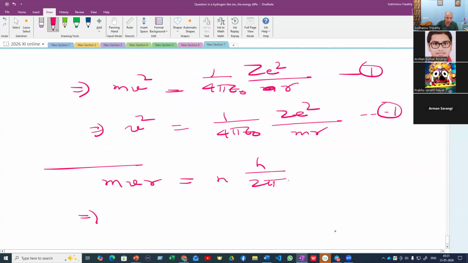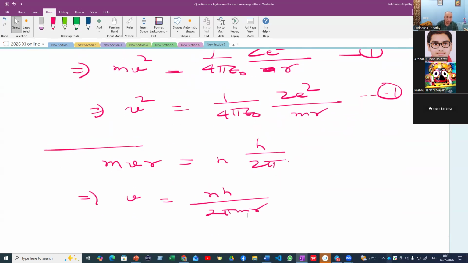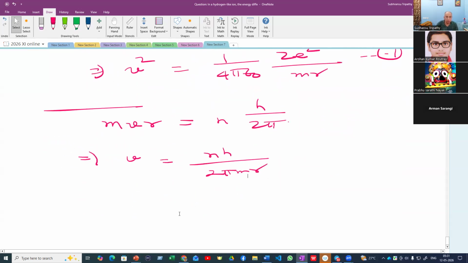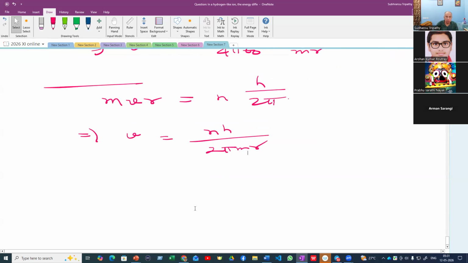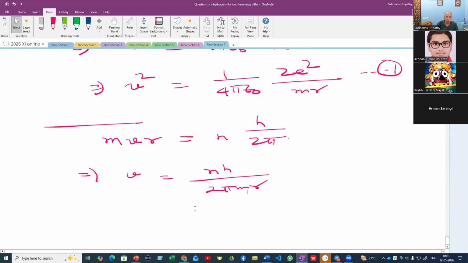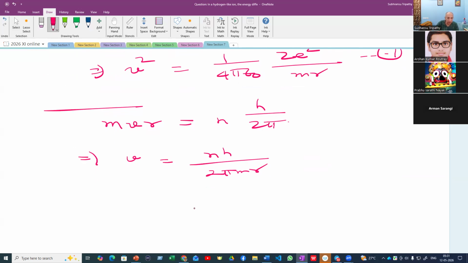So from there we found v is equal to nh by 2 pi mr. Then we made a square of it.